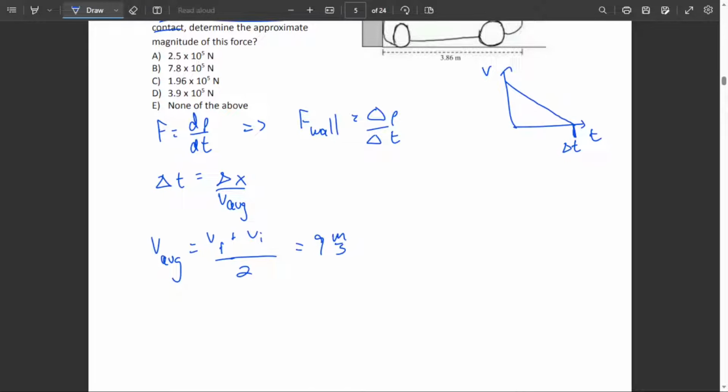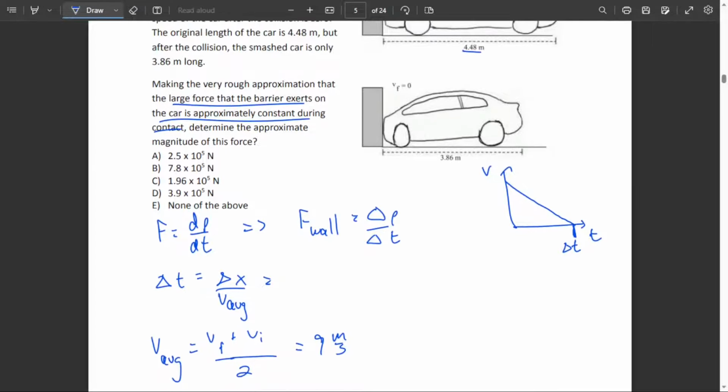We plug that in, excuse me, plug that in for our equation for the change in time. That gives us 4.48 minus 3.86 over 9. Or, what would it be?